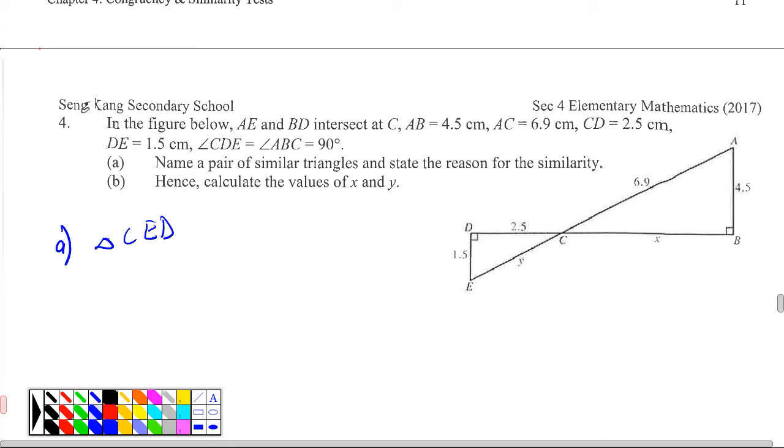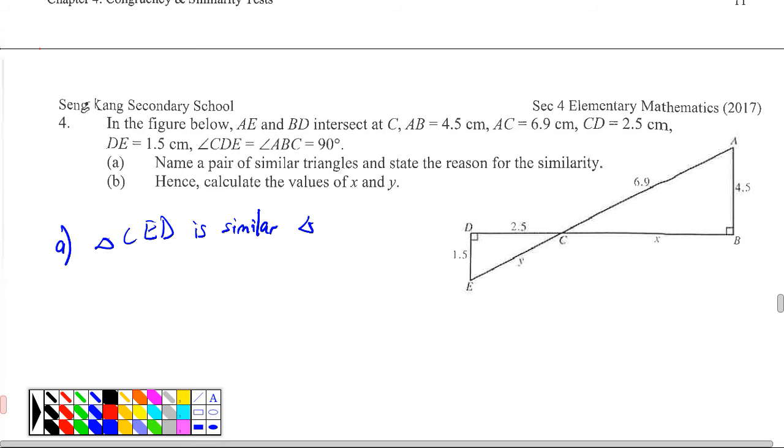So 2 is the same, 2 is the same. A pair of shoes is what? What's a pair of shoes? You wear 4 shoes? No, a pair of similar triangles, right? You sure that you got 4 legs?